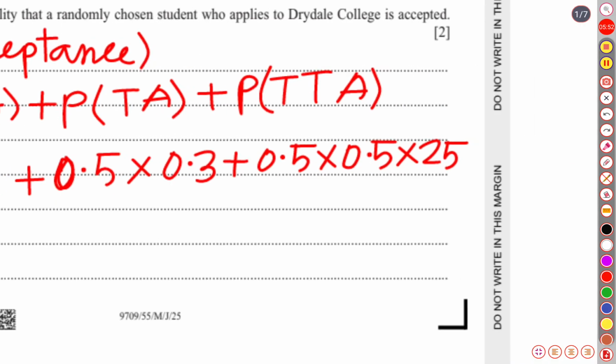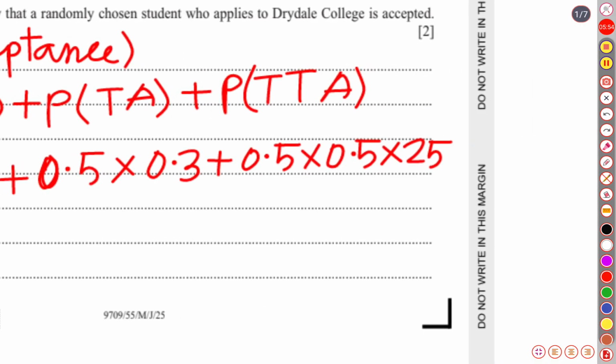Let me erase this. So it is 0.25 for the third time. Okay.